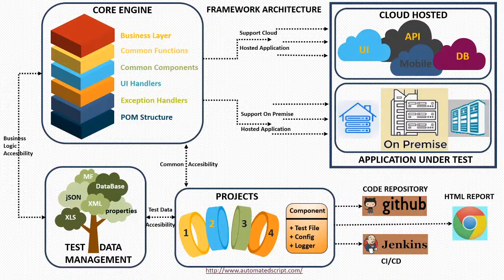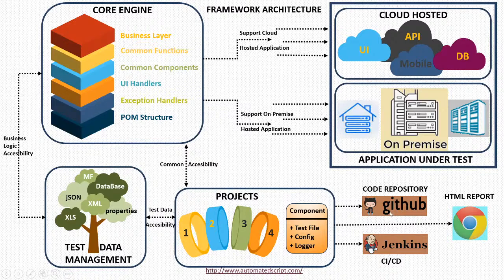Now in this design pattern, if you can see, there are certain components which we have just now discussed. There are components like core engine, then you have your test data, then you have multiple projects here, then you have your application under test. That means any of your applications, either cloud hosted or on-premise, are available here.